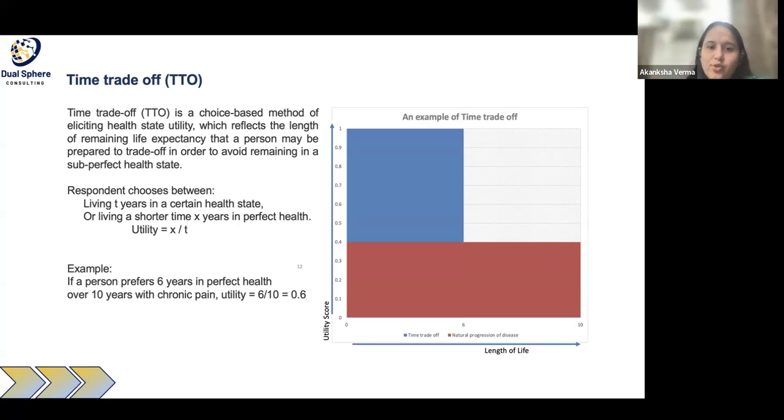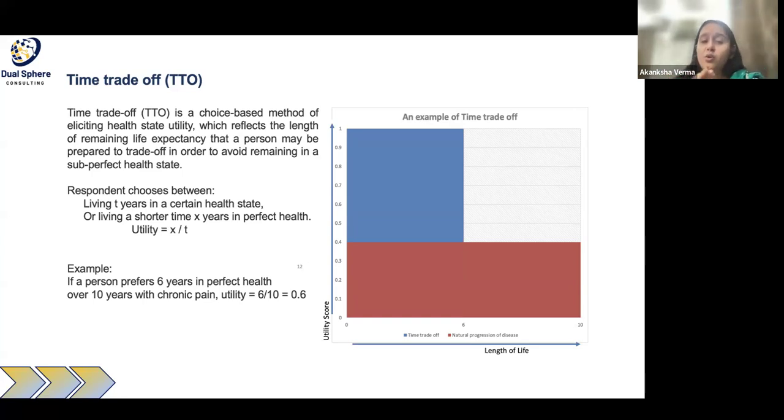Time trade-off is a choice-based method of knowing the health state utility, which reflects the length of remaining life expectancy that a person might be prepared to trade off in order to avoid remaining in sub-perfect health. The example I gave you had two options: either 10 years of life in perfect health, or 20 years of life with a disease condition.